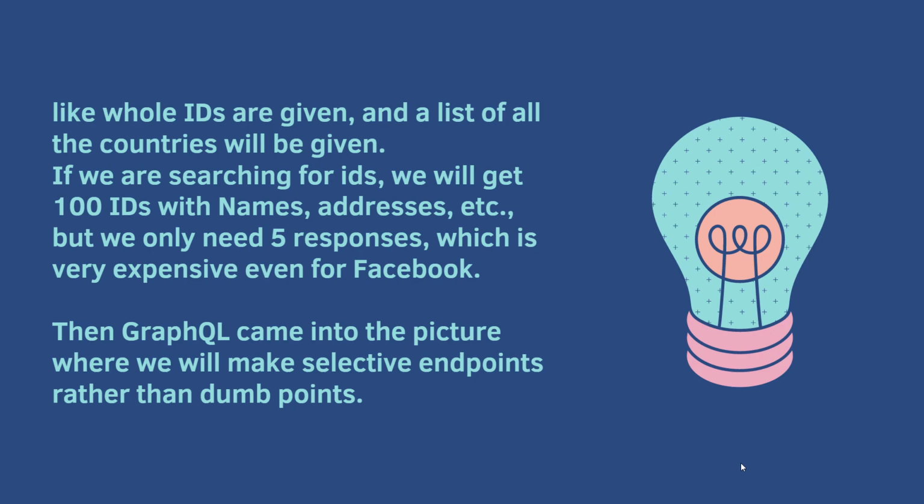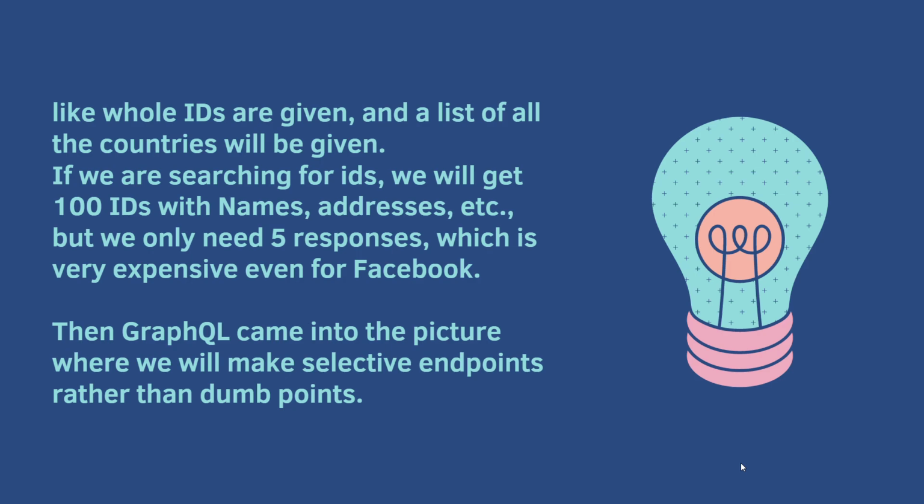Coming back to our main discussion, when we want basic information of a player, and I want the top 5 performers for 2005, all the IDs are given. I'll get all the IDs, and the list of all the countries will be given.